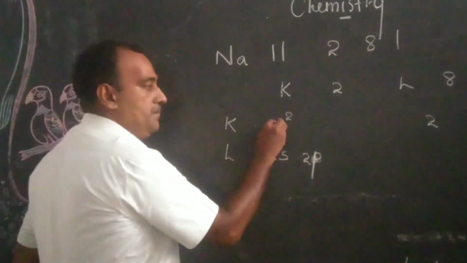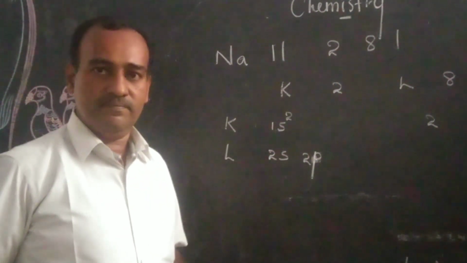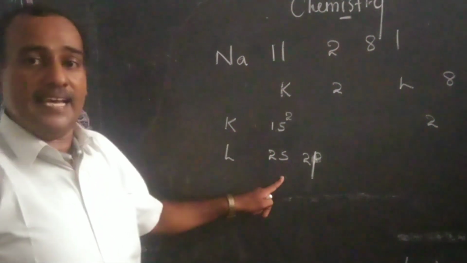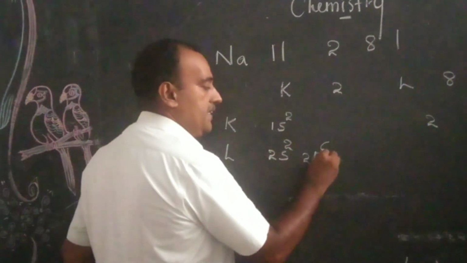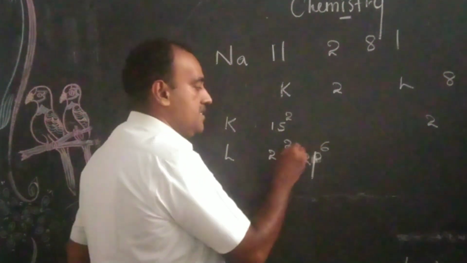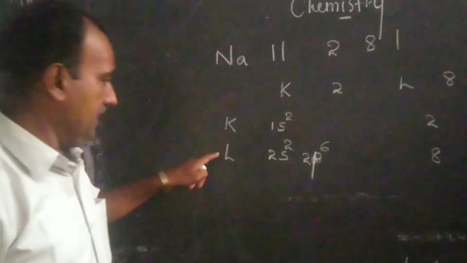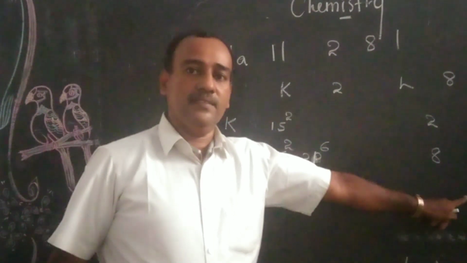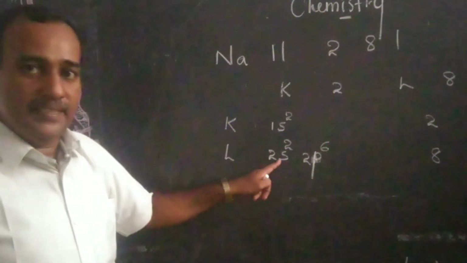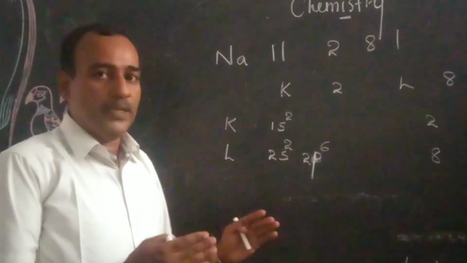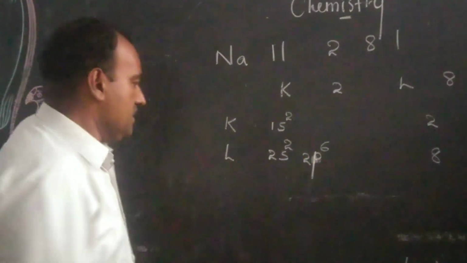Similarly the first is expressed as 1s. The s orbital can accommodate 2 electrons and the p orbital can accommodate 6 electrons, 6 plus 2 equal to 8. You studied in class 10 that the L shell can accommodate 8 electrons: 2 in 2s and 6 in 2p.